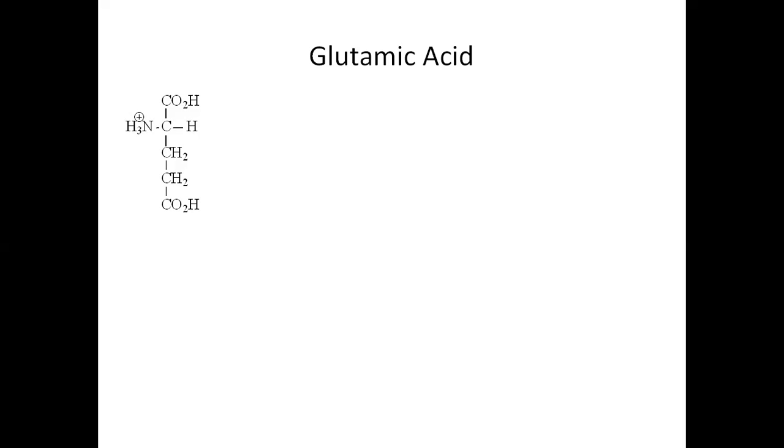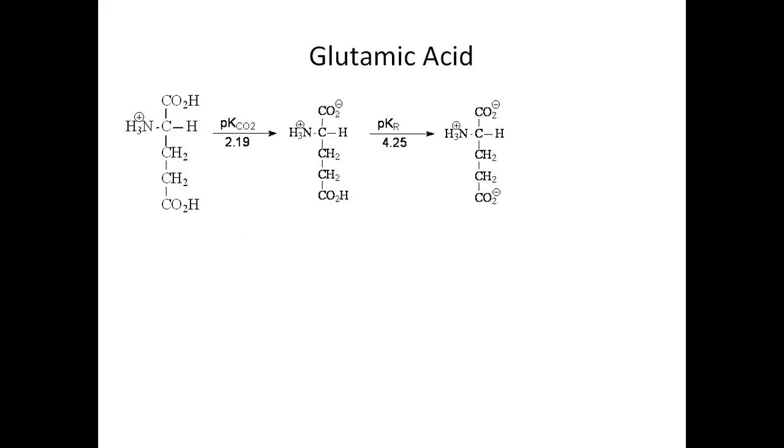If we begin to add sodium hydroxide as a way of decreasing the acidity, the first acidic hydrogen that would be titrated would be the carboxylic acid group, which has a pK value of 2.19. After all of those protons have been removed from the molecule, if additional base is added, the next acidic hydrogen that would be attacked is the R group, which has a pK value of 4.25.